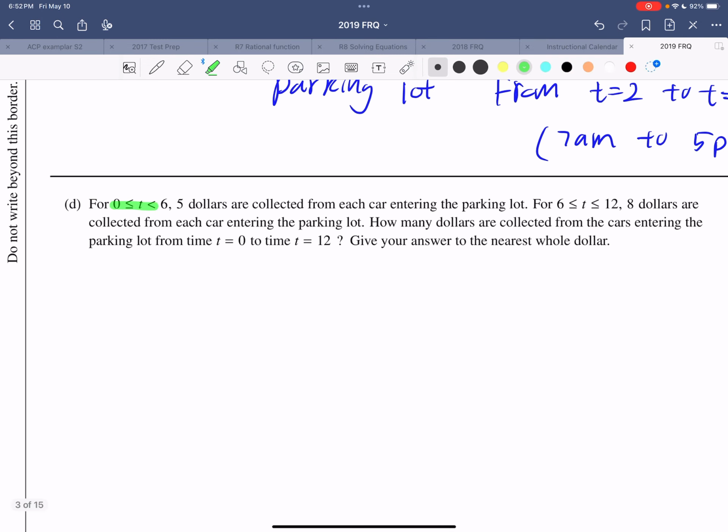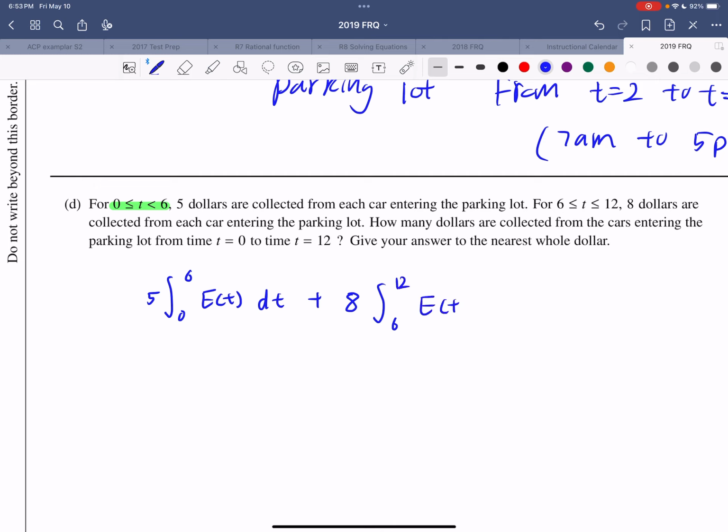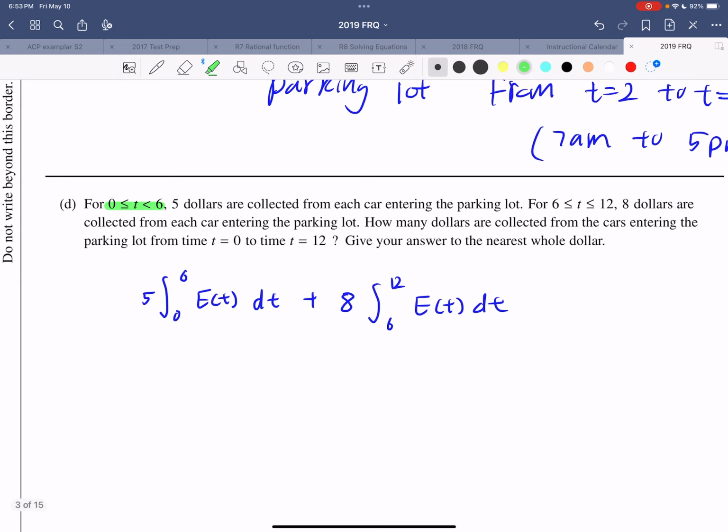So for 0 to 6, you're going to collect 5 times e of t. You have to write this one down carefully, dt, plus you're going to collect $8 from 6 to 12 of e of t dt. You don't necessarily have to write down the equation because that's too much, but just write this one down.